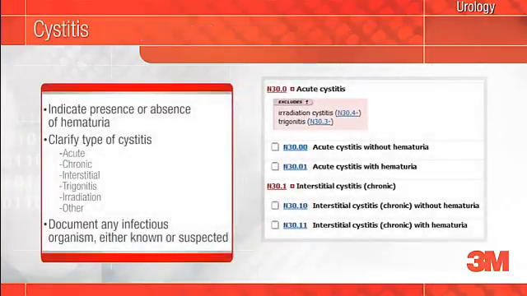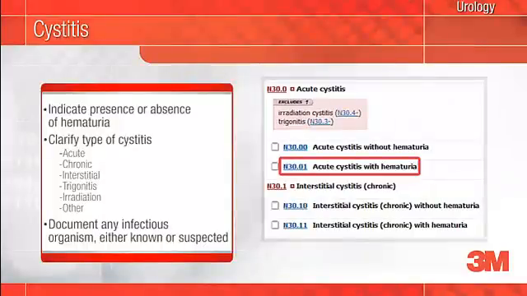What's new with cystitis is that it is coded as either with or without hematuria. For example, on this screen you see that code N30.01 is assigned when acute cystitis with hematuria is documented.